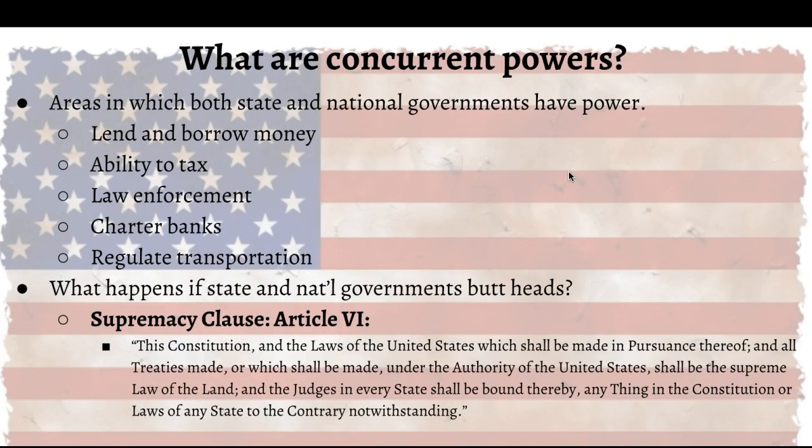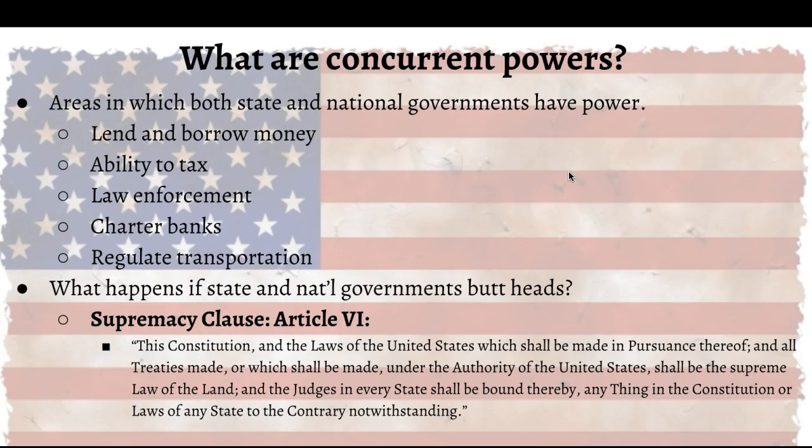The Supremacy Clause states that this Constitution and the laws of the United States, which shall be made in pursuance thereof, and all treaties made or which shall be made under the authority of the United States, shall be the supreme law of the land. And the judges in every state shall be bound thereby, anything in the Constitution or laws of any states to the contrary notwithstanding.